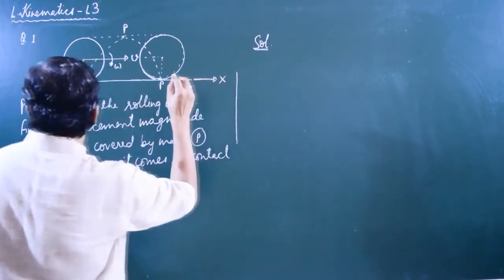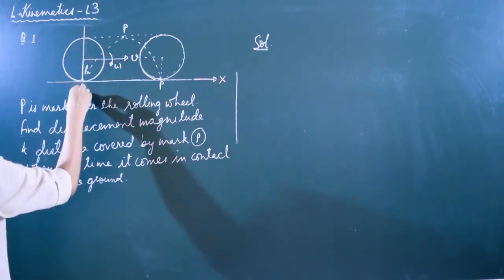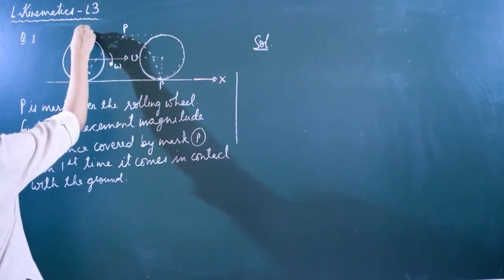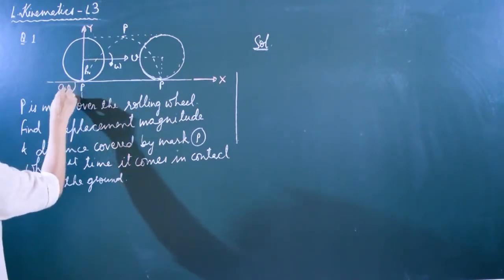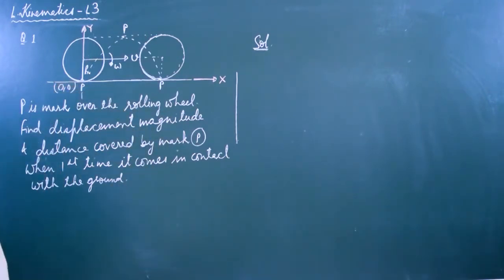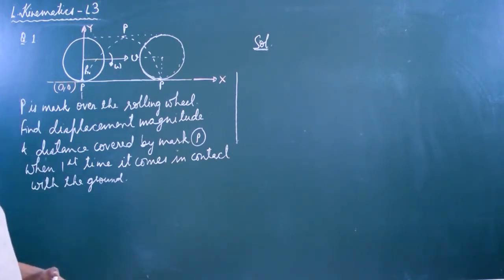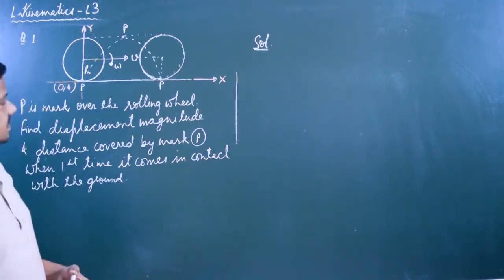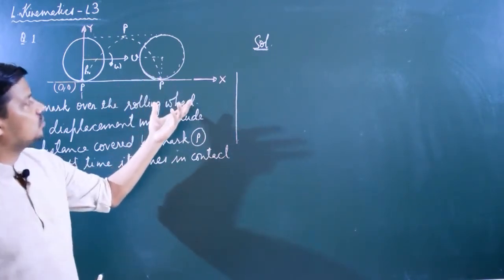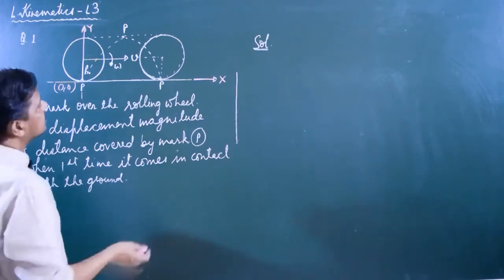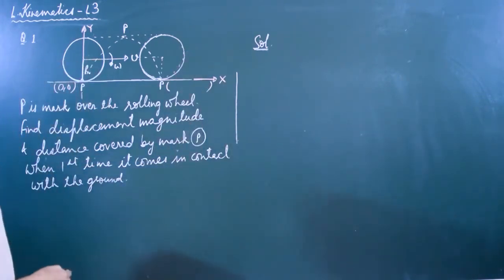Now this point is the origin of coordinate system. It is 0 0. Now anyhow we have to find the coordinate of the point P, mark P, after time t when it comes in contact with the ground first time. Okay, so we find the coordinate here.